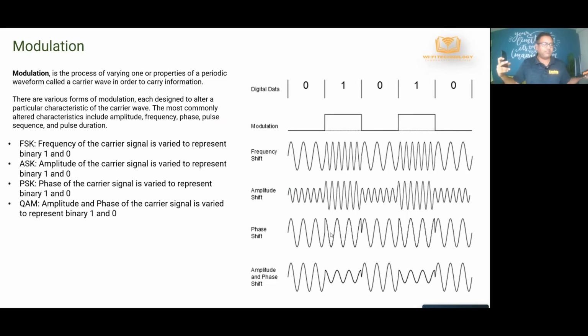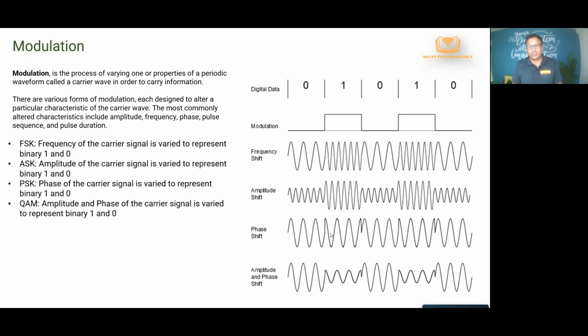And if I am receiving the signal at 180 degrees phase shift, then that must be a 1. So that is an agreement again between the transmitter and receiver. So if you're using phase, you're varying the property called phase to carry information. That is called phase shift keying or phase modulation. Now those are the simple modulation techniques.